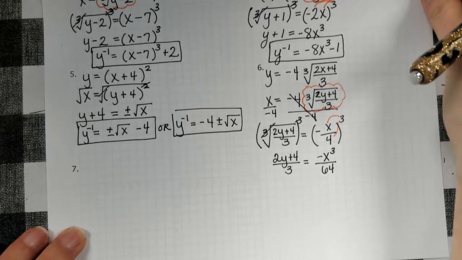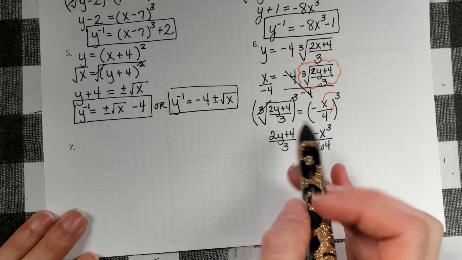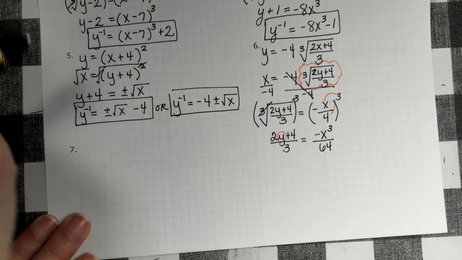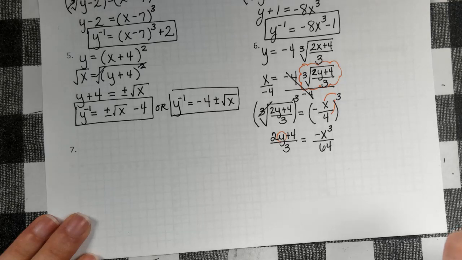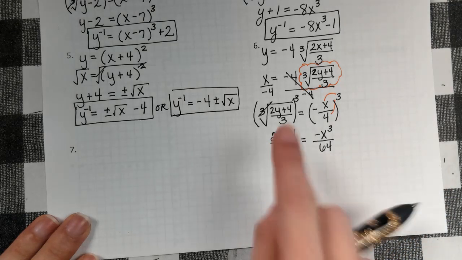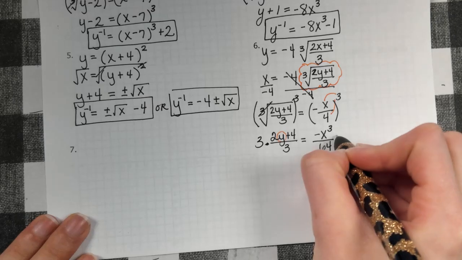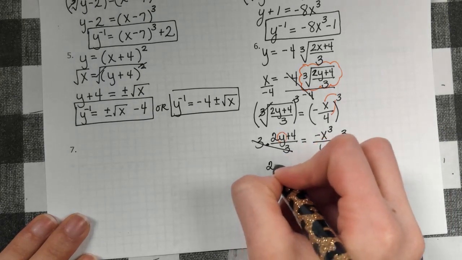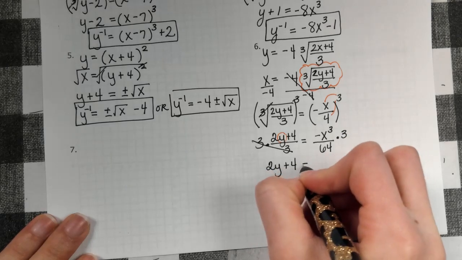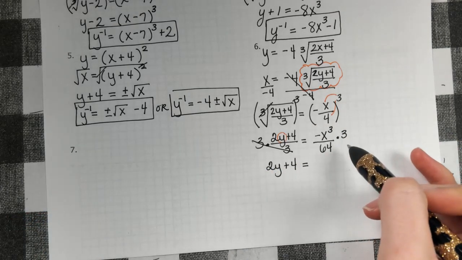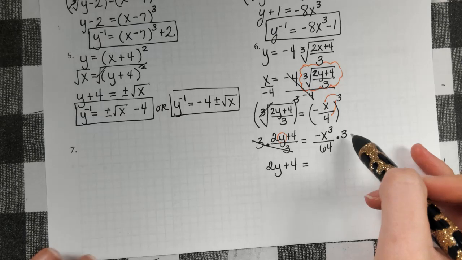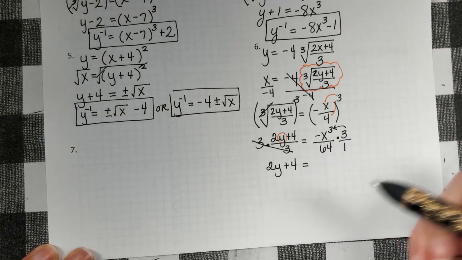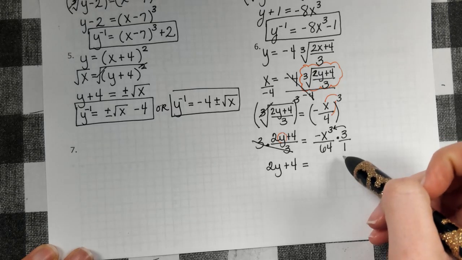Y'all follow me so far? Okay. So now, if I want this y, it's in the numerator. What do I have to break away first? I need to get rid of that denominator, so I'm going to multiply both sides by 3. That will cancel that denominator, leaving me with 2y plus 4 equals, now when you multiply by 3, remember you only multiply to the numerator when you have a fraction times a constant, because that's the same as saying 3 times 1.